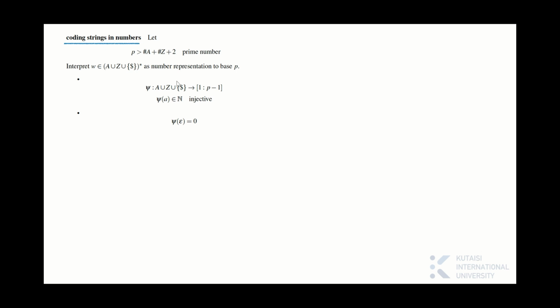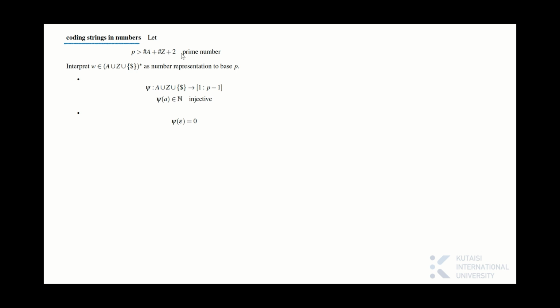So if my Turing machine has 5 states and 17 alphabet symbols, 5 plus 17 is 22, plus 2 is 24. So I'll take a prime number that's bigger than 24, which is, let's say, 27. Is that prime? So I take a prime number which is bigger than this plus 2.